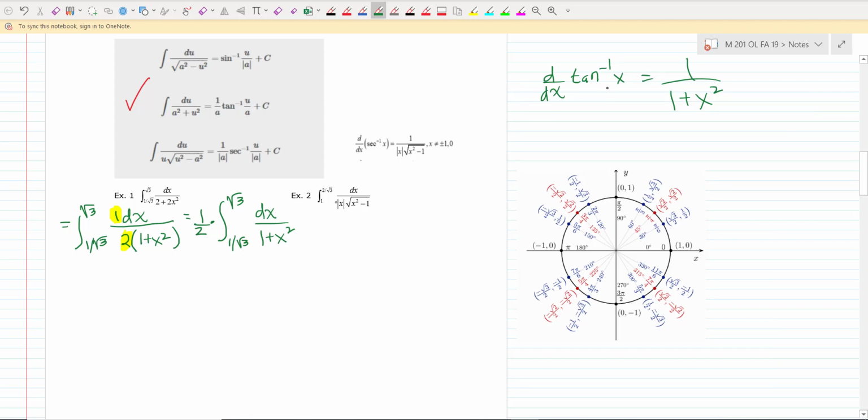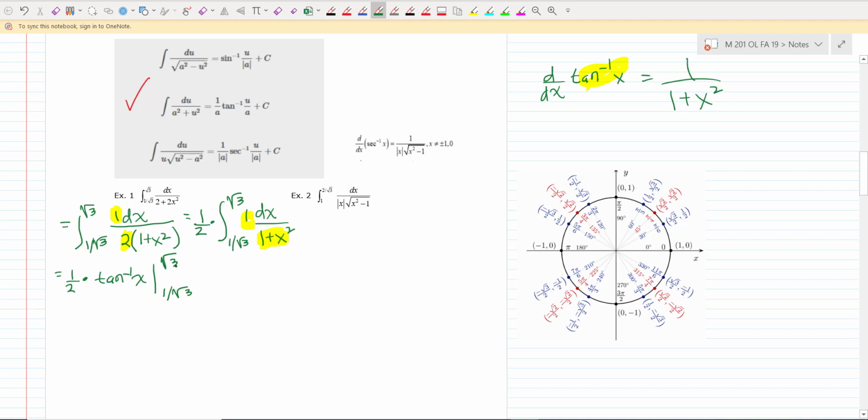You don't need u substitution or anything. You're going in reverse, so that's the inverse tangent. So what you would get is 1/2 multiplied by the inverse tangent of x evaluated from 1 over root 3 to square root of 3.